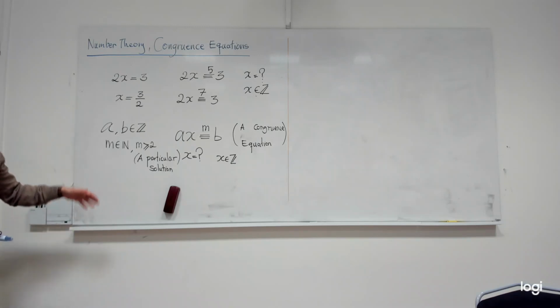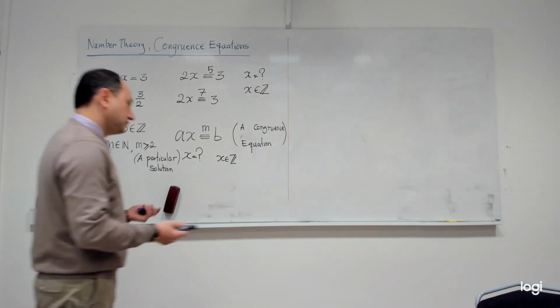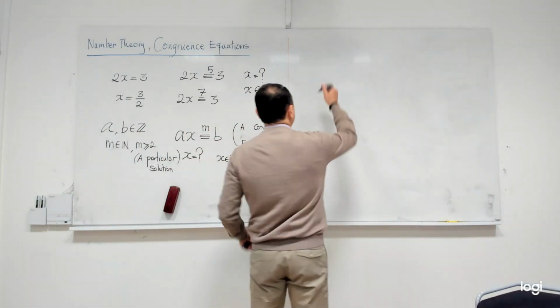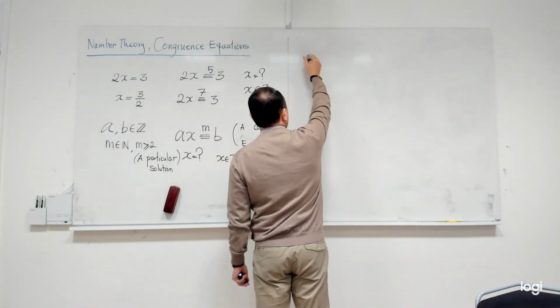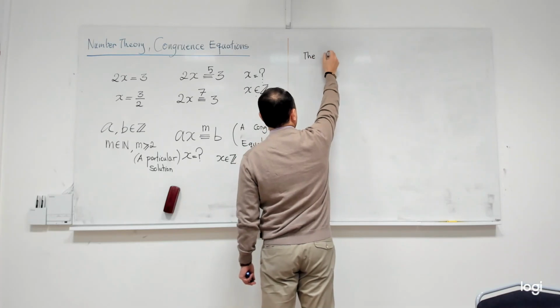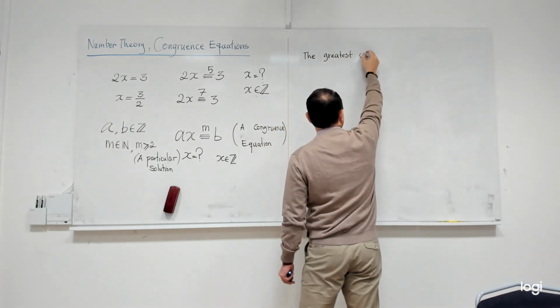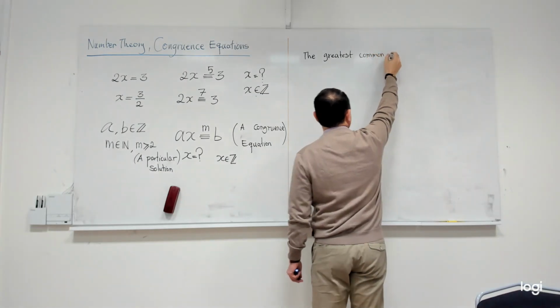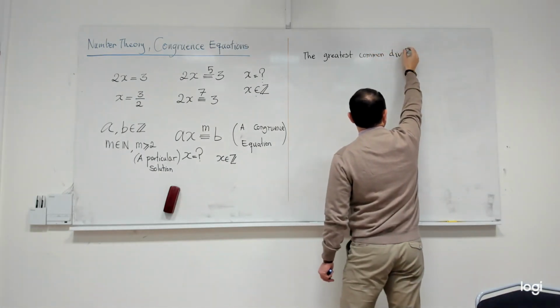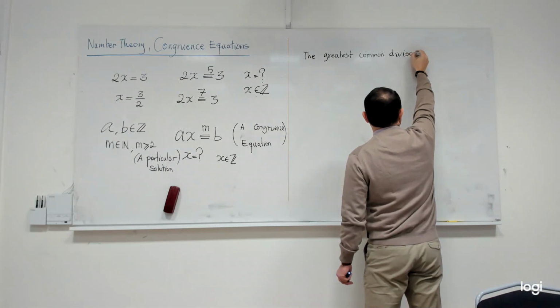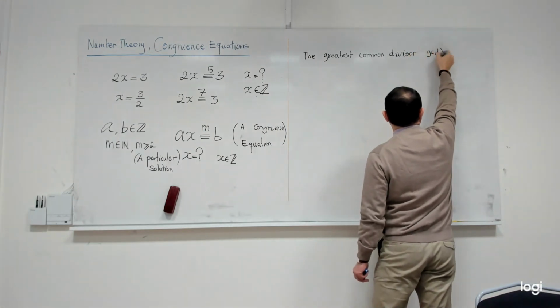To understand this problem, I need to remind you a little bit about what we learned. Probably you know about it, and that is the greatest common divisor, or GCD for short, okay?